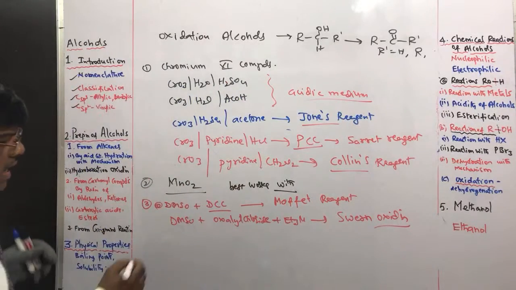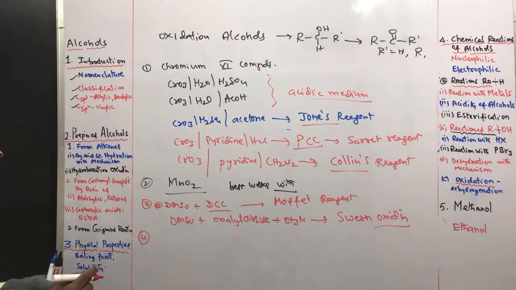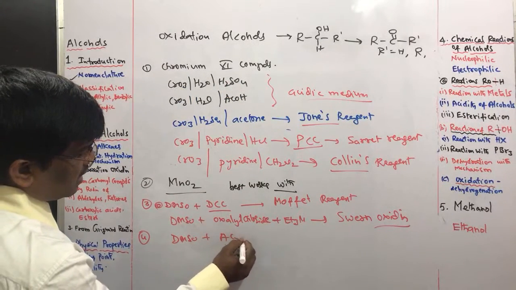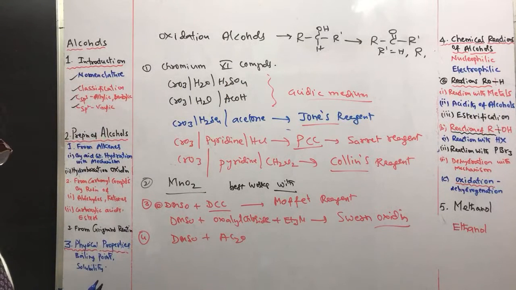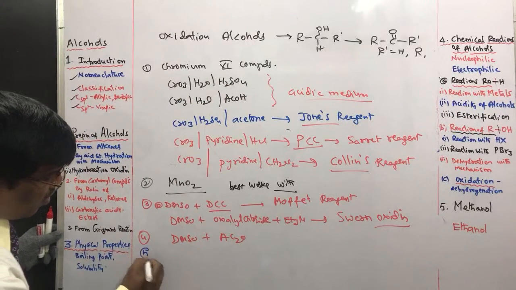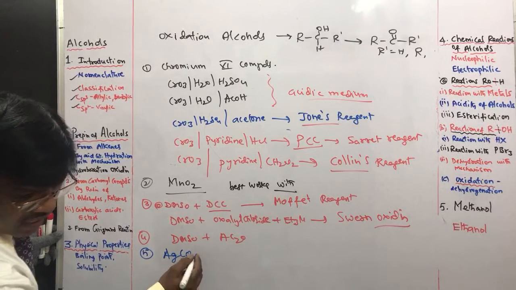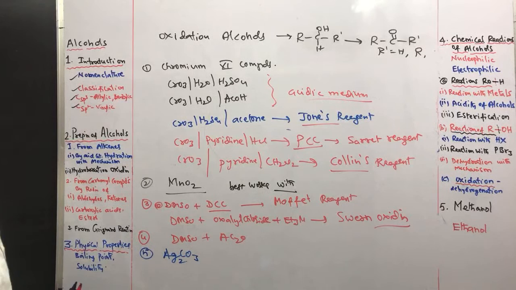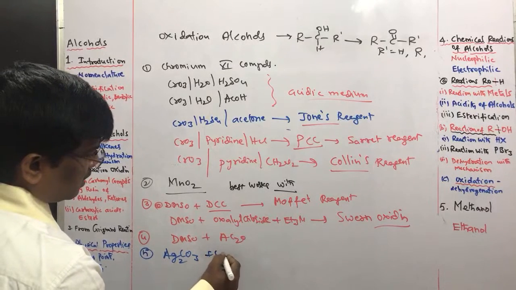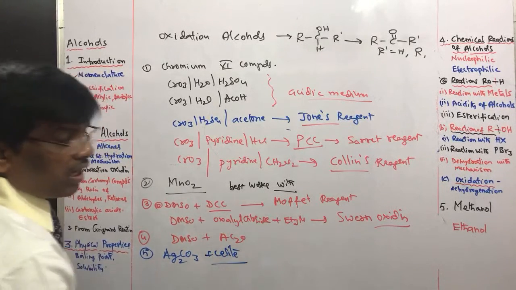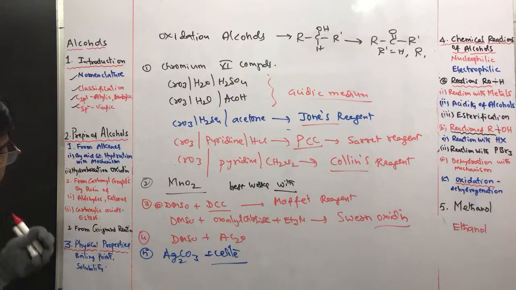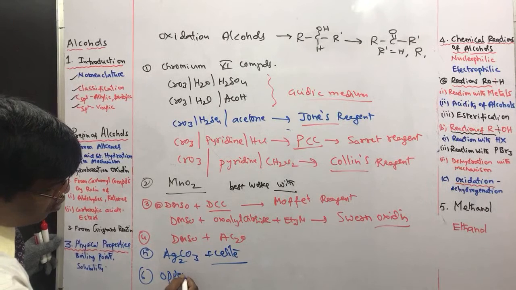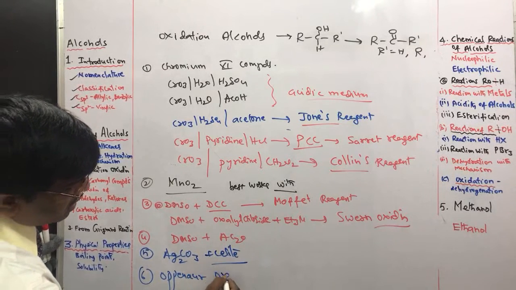Next, I can use DMSO in acetic anhydride also. The other reagent is silver carbonate, which I can use as an oxidizing agent on Celite. A very, very important and chemoselective reaction is Oppenauer oxidation.